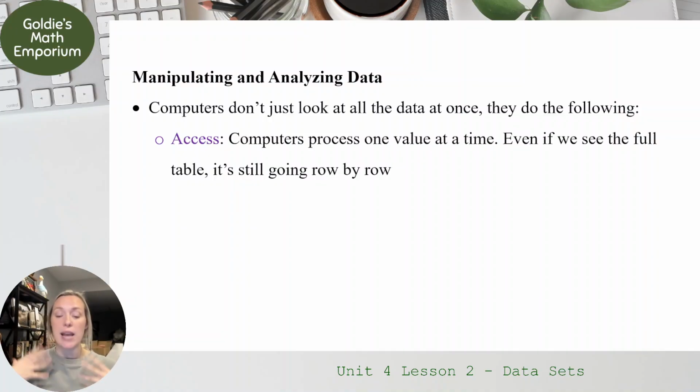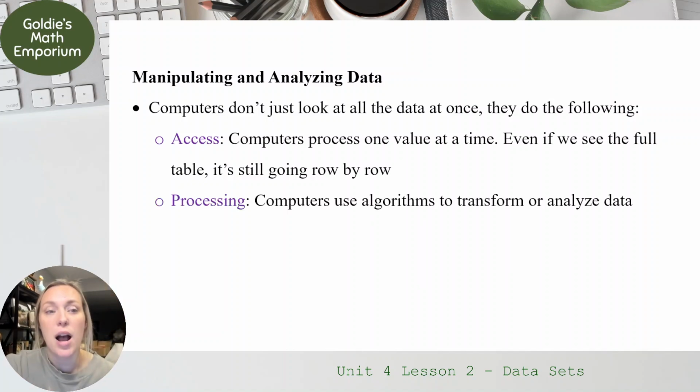Even if we as humans look at a table and see the full table, computers don't see the full picture. They have to analyze one value at a time, or if you're looking at a table, they're going to have to look row by row, column by column. Once they look at each value, then they have to process. So that's when they use algorithms to transform the data in some way that makes sense to them, or to look at the data in some way that makes sense to them.